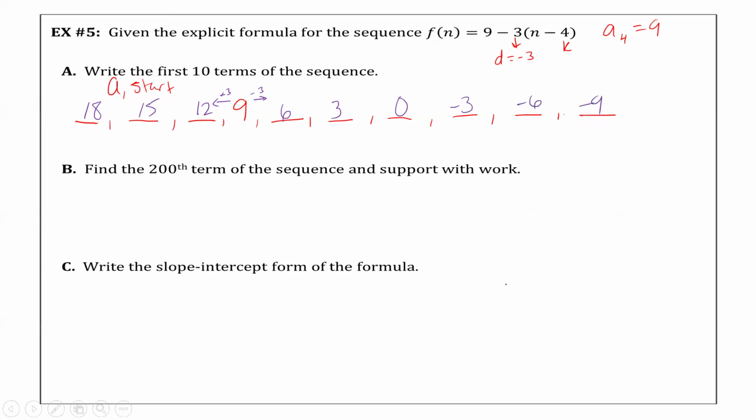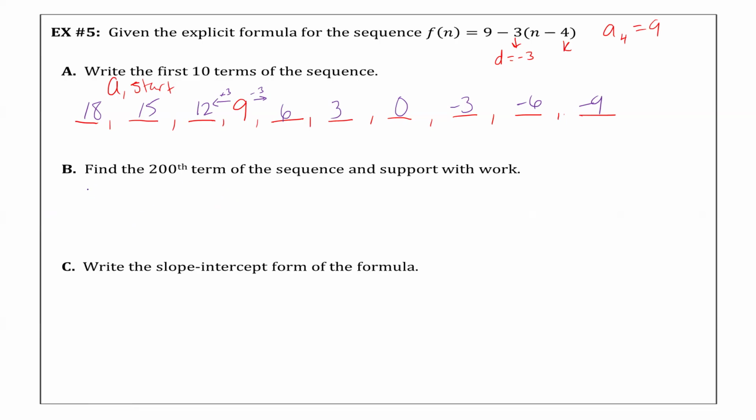And those are your 10 values you should have. Do we see the little difference here? If you made an error, did you start off with A1 as 9? Was that the error? That add-on matters. The value of that constant with the n matters. Okay. All right. Can we easily find our 200th term?